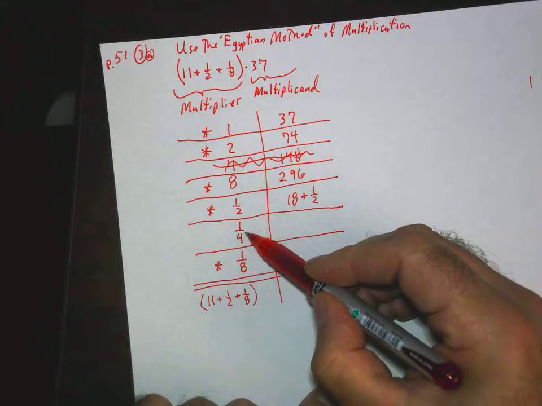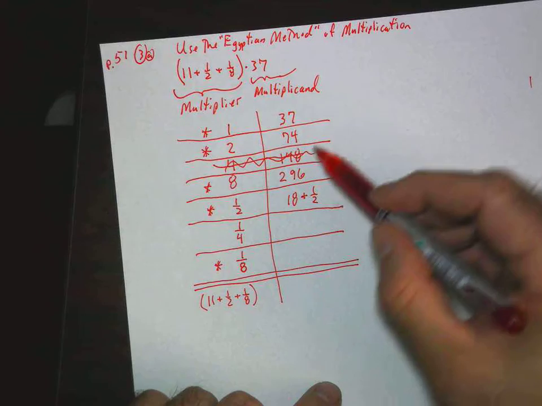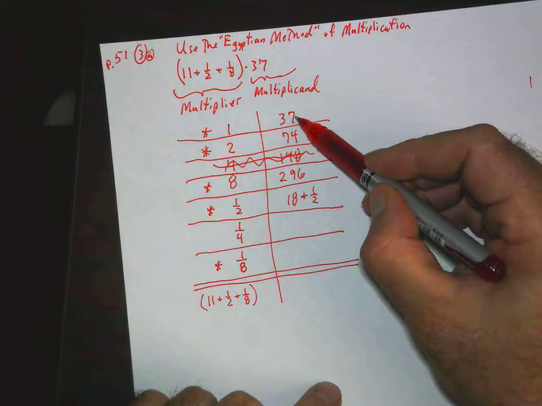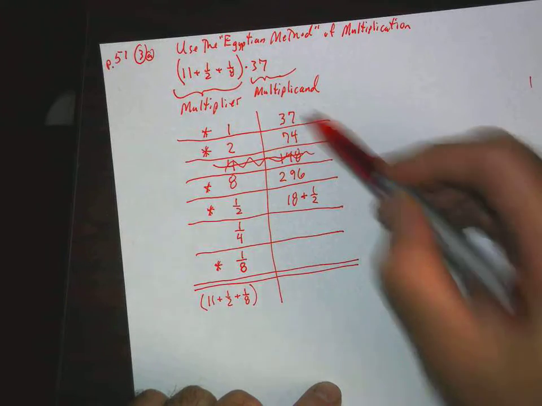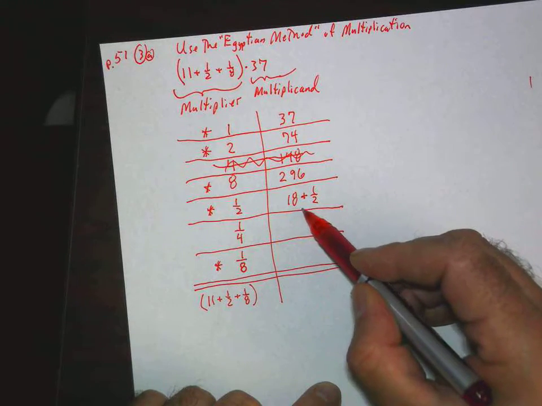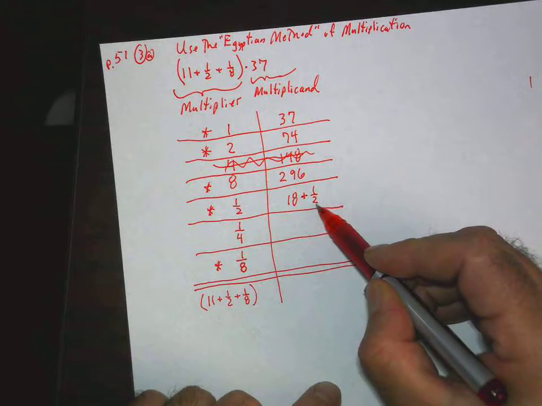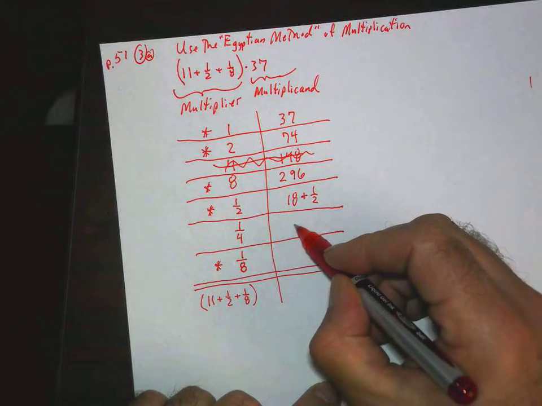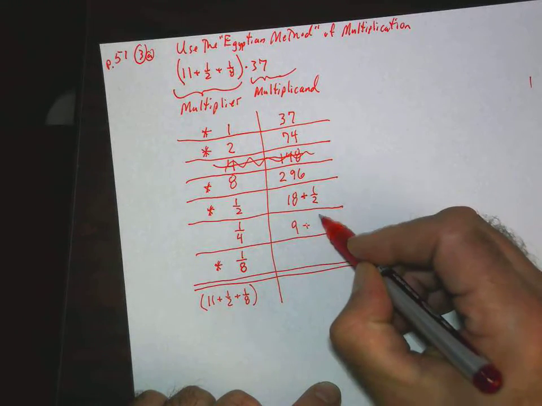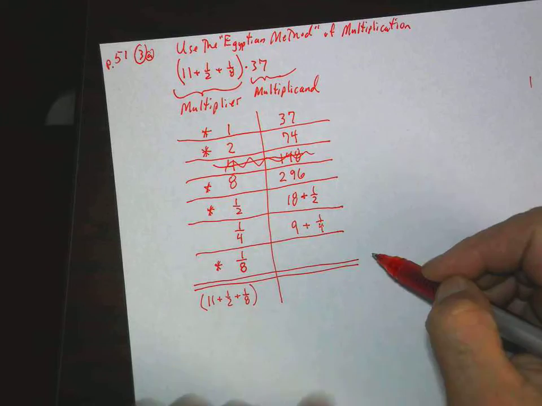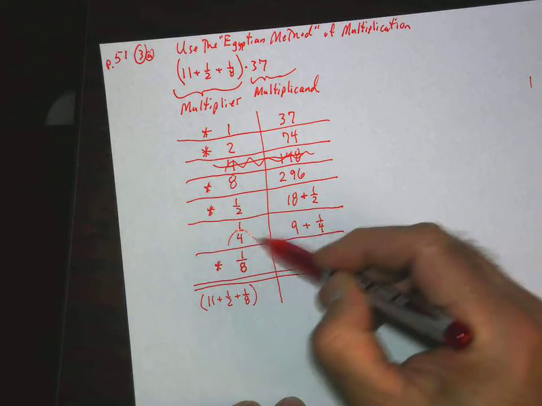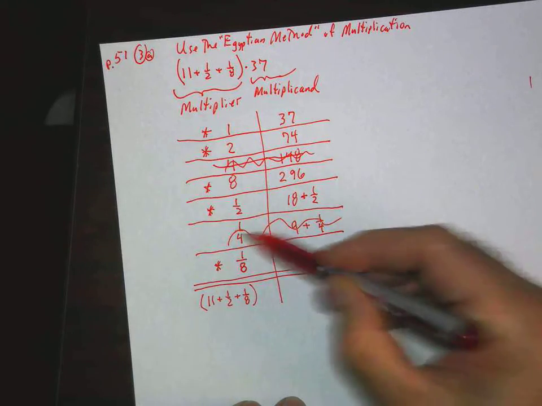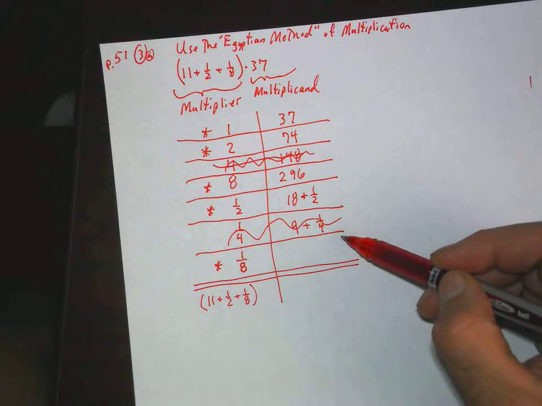Now we take this power of 2, multiply it by the multiplicand, 37, or equivalently just take its predecessor and multiply it by 1/2. We'll get 9 plus 1/4. But we don't use these, so I'll just draw a line through them so that I don't do something that will embarrass me later on.